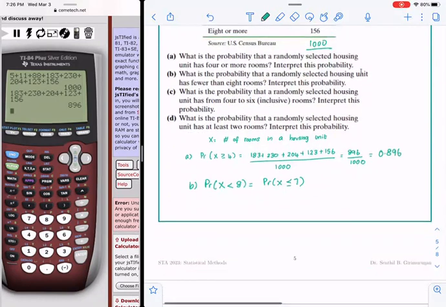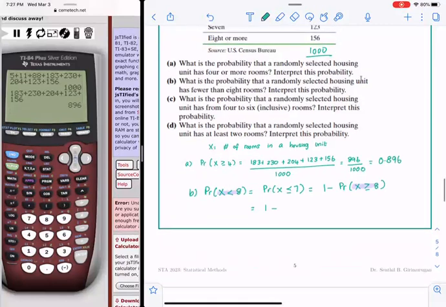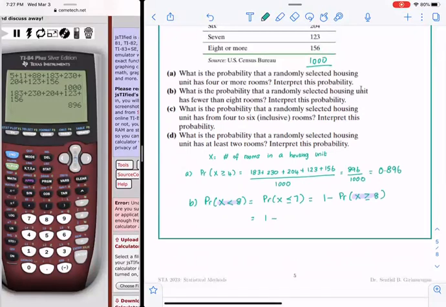Nothing wrong with that. But if you use the complementary rule, X less than 8 is the complement of X greater than or equal to 8. That event and that event are complements of each other. So I could write it as 1 minus the probability X greater than or equal to 8, which means 8 or more rooms, which is 156 over 1,000.